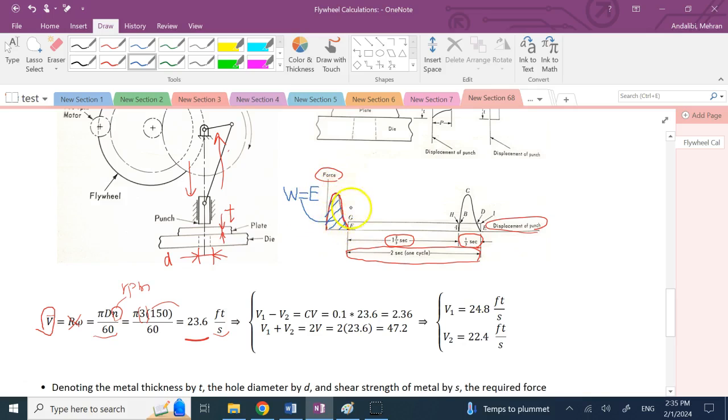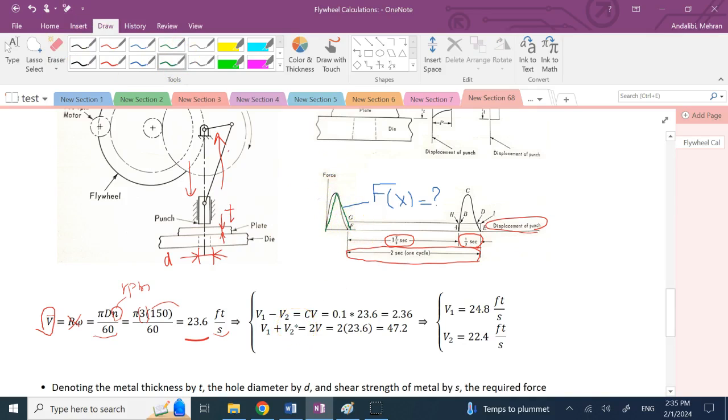So here I need to calculate this area under the curve, but unfortunately we don't have this graph here. We don't know F as a function of displacement, right? Let's call it X. What kind of function is this, so we can integrate it? We don't know. So here we do an approximation, and we approximate this shape by a triangle. So we say this is something like this.